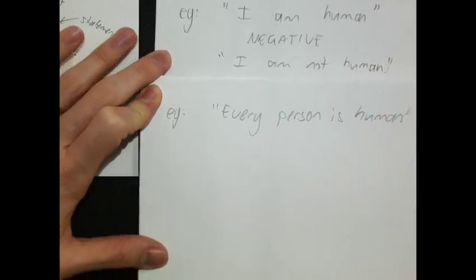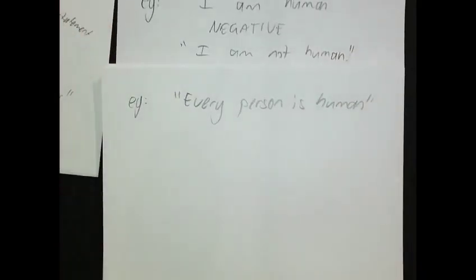So every person is human. We want to know how to do the negative of that statement. What is the matching statement which is everything except that? I'm not trying to say one of them is true or false. Obviously if one's true, the other has to be false because that's how negation works. But how do I construct the opposite of this statement?